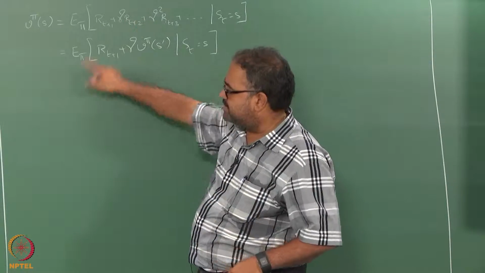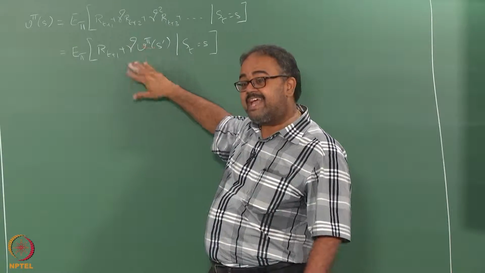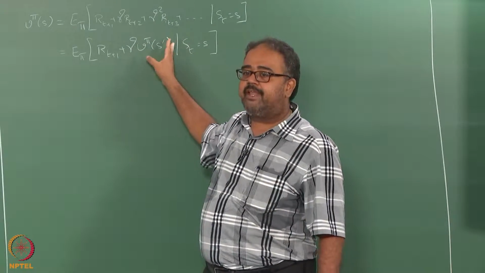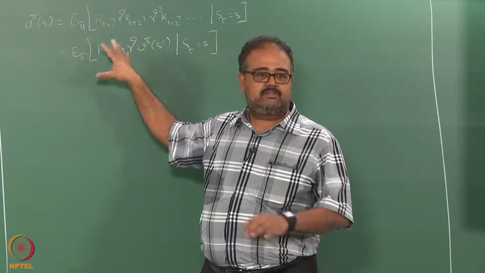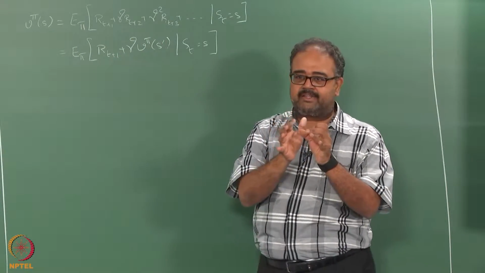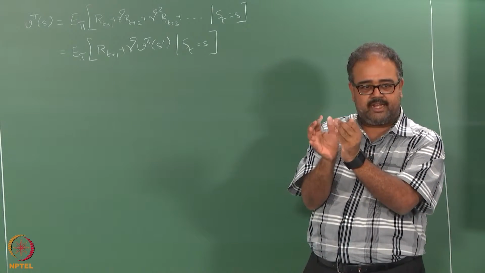So now I did a sleight of hand here, right? I took G T and wrote it as one term plus the expected value of G T, but that is fine because I am anyway going to take an expectation eventually. So this is a slight reordering of the expectations. Instead of taking the expectation of the full expression, I took the expectation of the inner one alone.